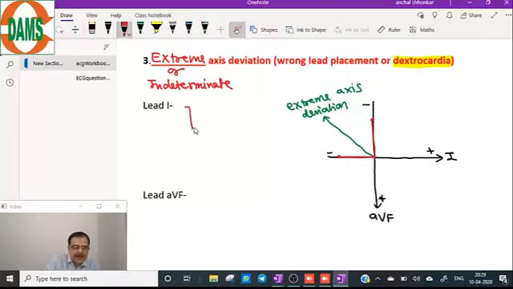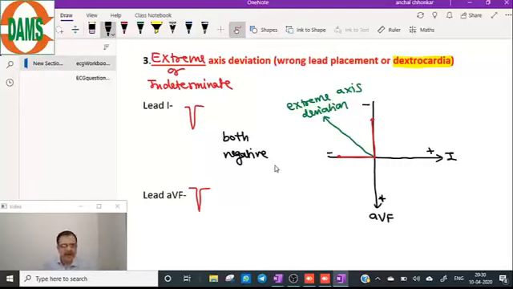So lead 1 negative, AVF also negative. Yes, this is dextrocardia or wrong lead placement. Situs inversus can also be seen.